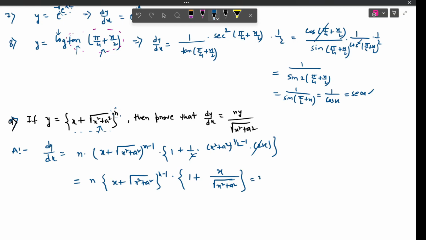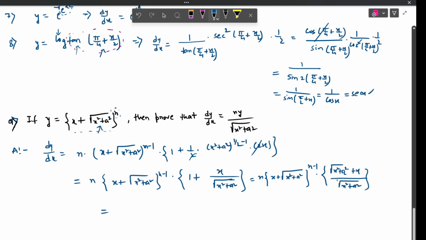Let's LCM this. So n into x plus root under of x square plus a square to the power n minus 1 into root under of x square plus a square plus x by root under of x square plus a square.